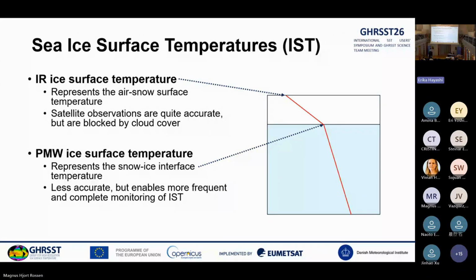The satellite infrared ice surface temperature is quite accurate, but it is always blocked by cloud cover, so it does not have good spatial coverage. On the other hand, the passive microwave ice surface temperature represents the snow-ice interface temperature. It is less accurate, but it enables more frequent and complete monitoring of the ice surface temperature field.